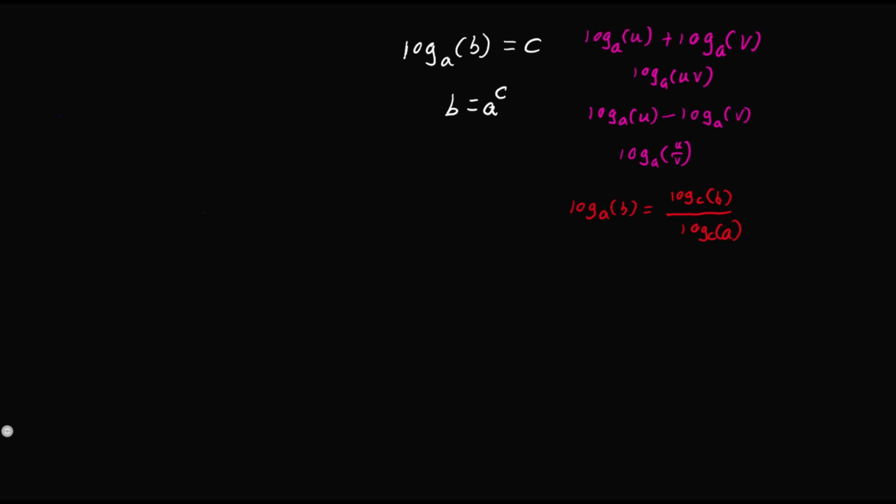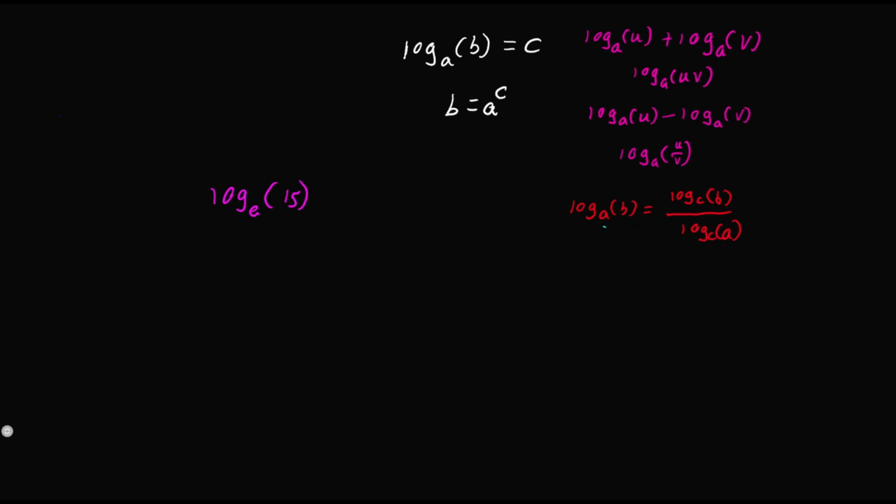Now we're going to look at the change of base. So if I were to tell you to change the base of this, how would you rewrite this? Well, we can look at e and 15.